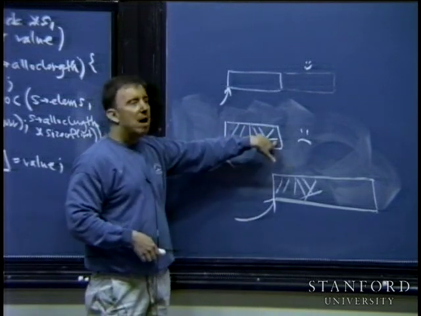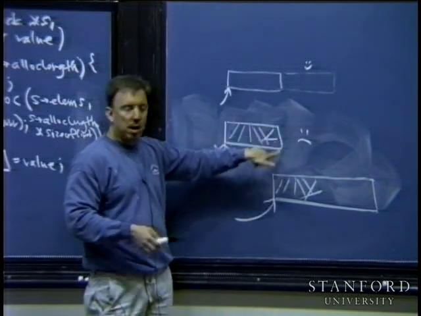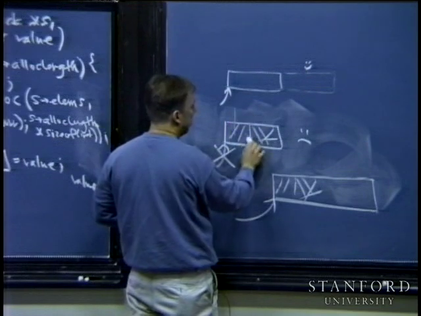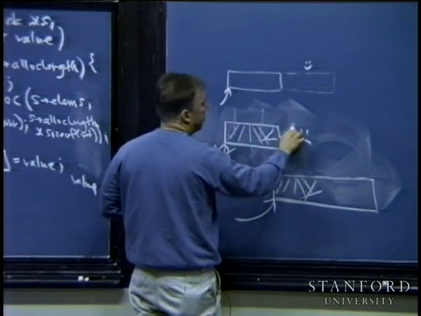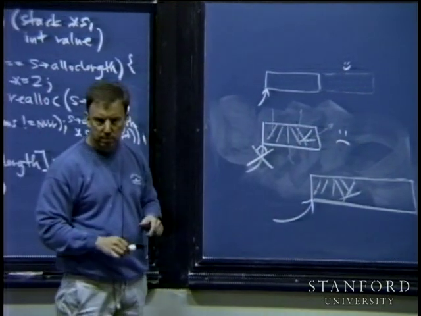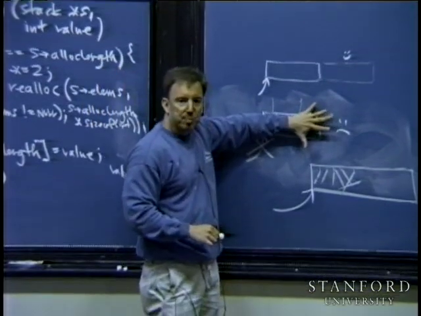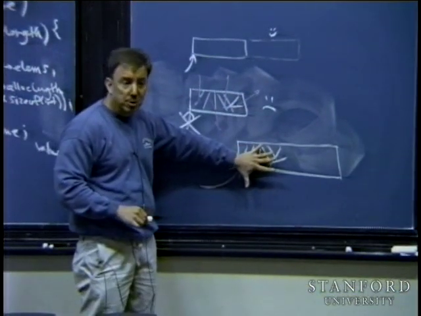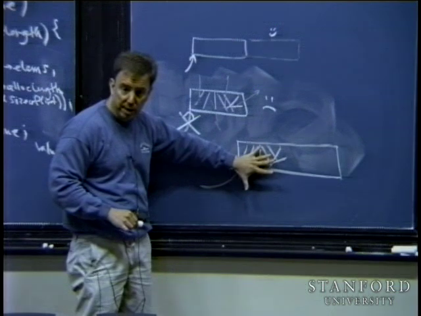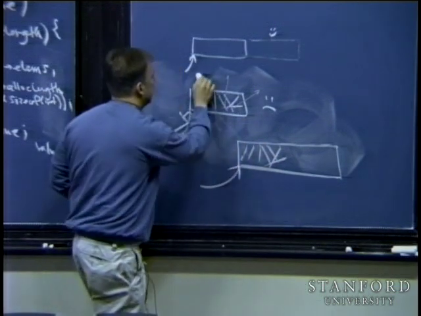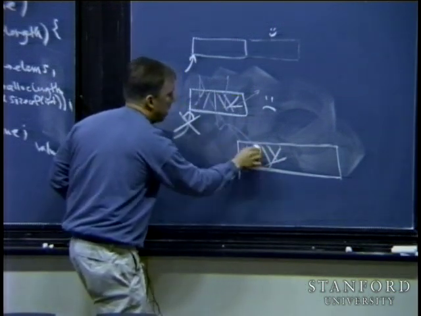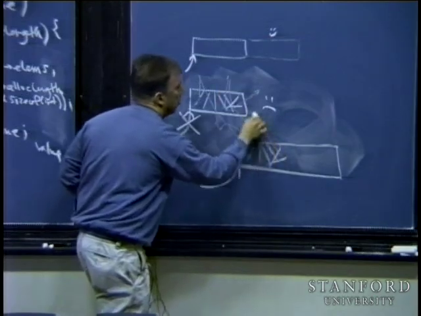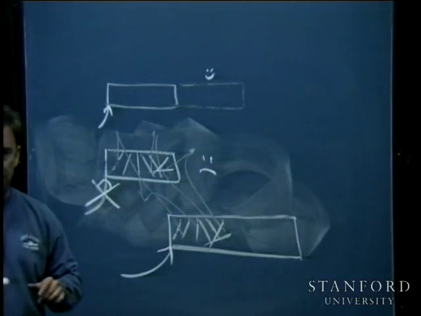If these happen to be not 4 integers, but 4 char stars, that means the bit patterns that were here would have actually been interpreted as addresses. When it replicates this bit pattern down here, it replicates the addresses verbatim. This would point to that, that would point to that, this would point to that, this would point to that. You understand what I mean when I do that?